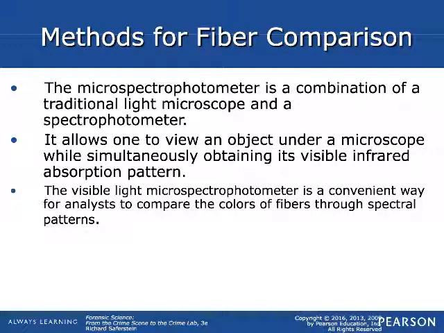It's a combination of a light microscope and a spectrophotometer, and it allows you to view an object under the microscope while obtaining its infrared absorption pattern. It's a really nifty way to compare fibers. It's really expensive, a very specialized piece of equipment.